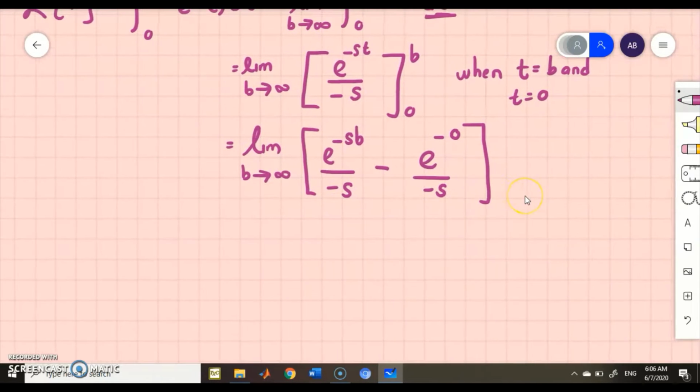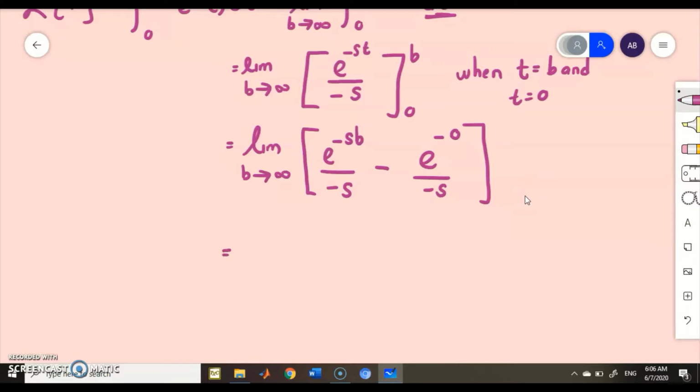When b approaches infinity, e to the negative infinity approaches 0. Then negative, negative is positive, and e to the power 0 is 1, so you have 1 over s. If s is greater than 0, it works fine, but if s is less than 0 it diverges. When the integral converges, the result is a function of s.